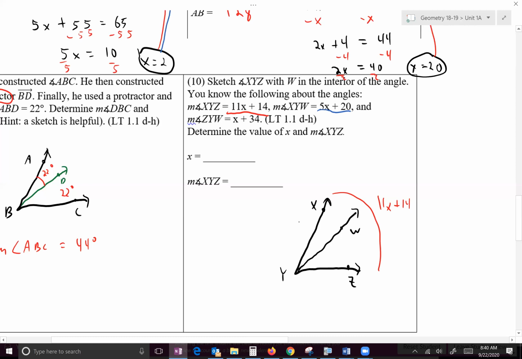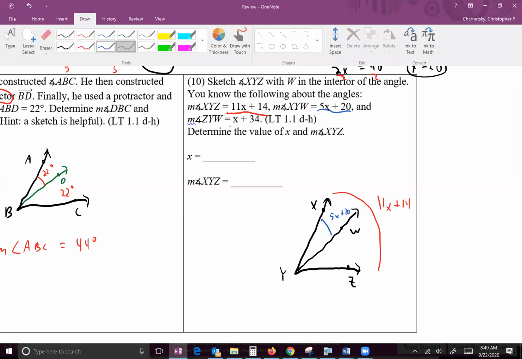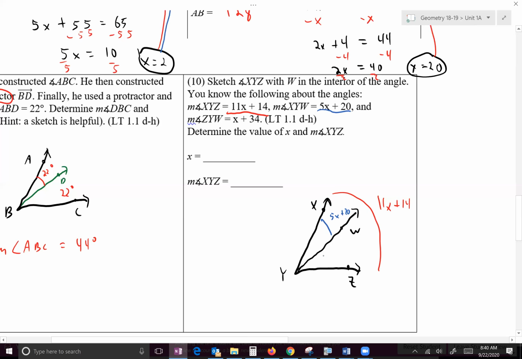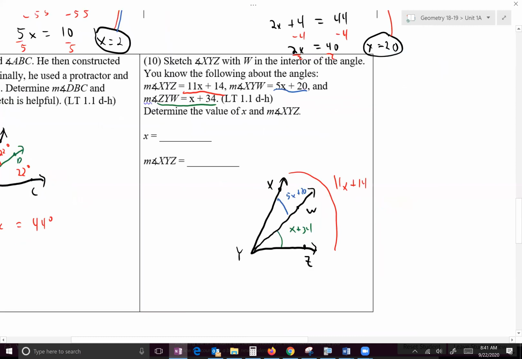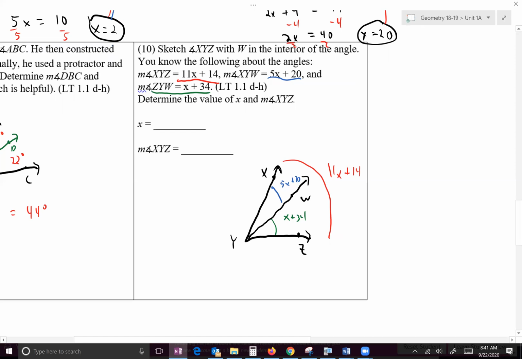XYW, that's this guy, that is 5x plus 20. And then ZYW, which is this guy, is x plus 34. Okay. So it's just like the segment addition.